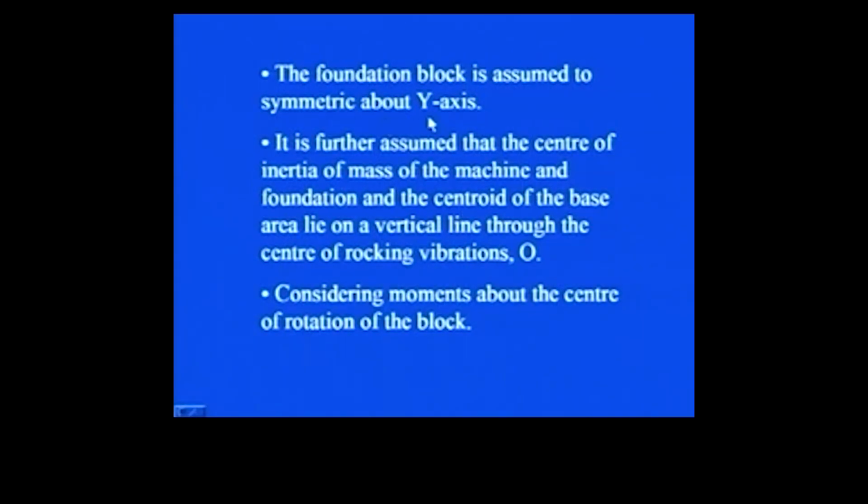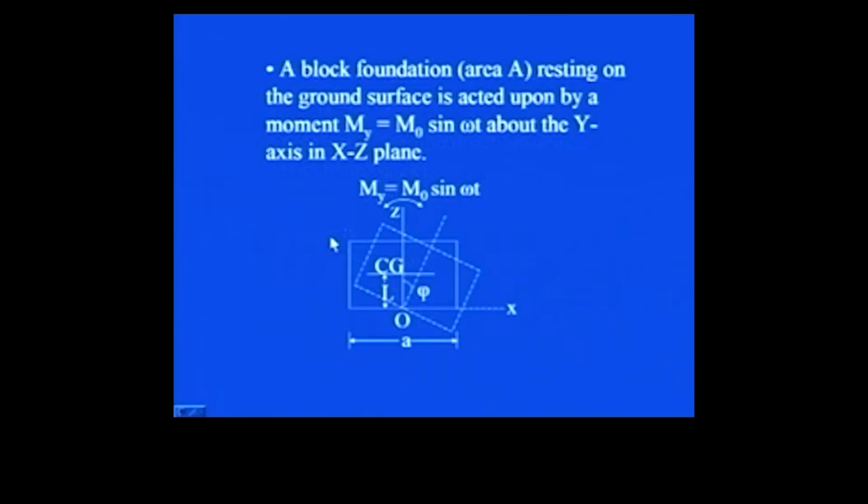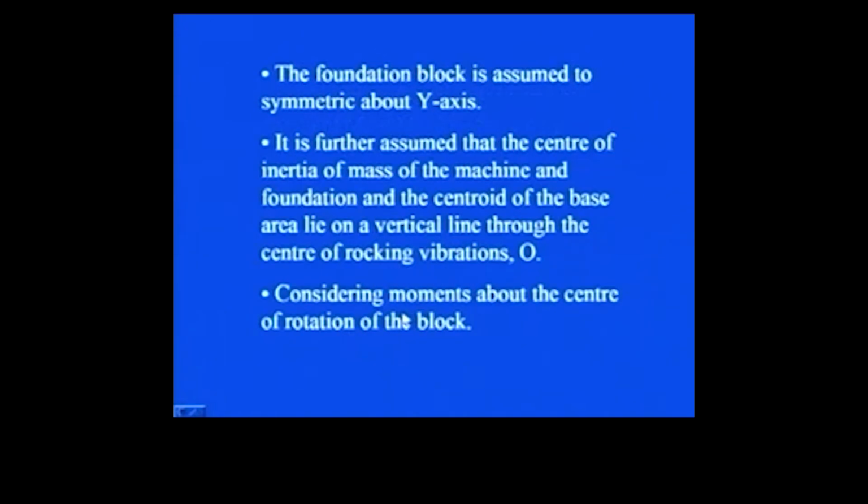So, the foundation block is assumed to be symmetric about the y axis. It is further assumed that the center of inertia of the mass of the machine and foundation and the centroid of the base area lie on a vertical line through the center of rocking vibrations O. You can see here that this is the center of the vibration, that is O.